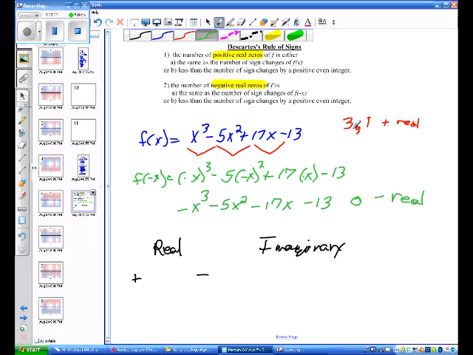Okay, there's a possibility that we're going to have 3 positive, so we would have no negative and no imaginary. That takes care of our 3 roots. Now, we could have had 1 positive root. We still have no negative, and that would leave 2 imaginary roots that we could have had. So it gives us a way of narrowing down the number and the kinds of roots that we have.